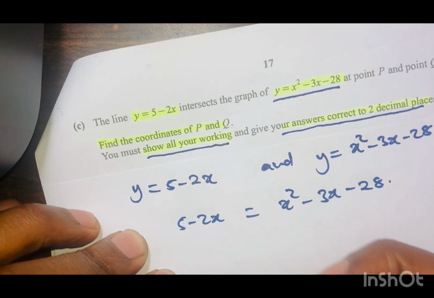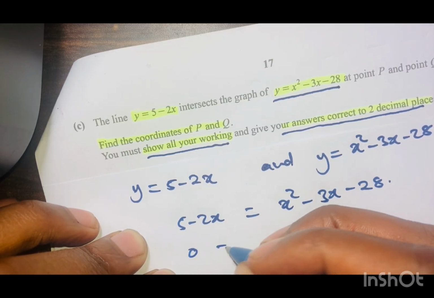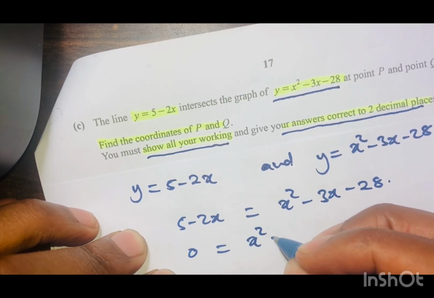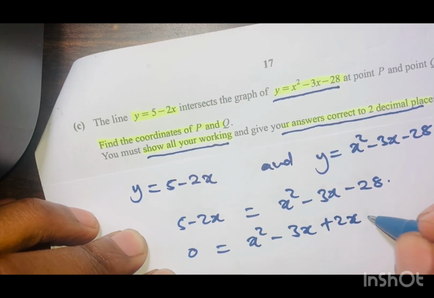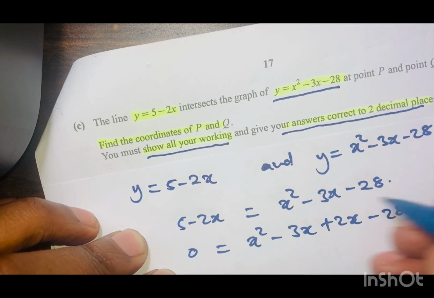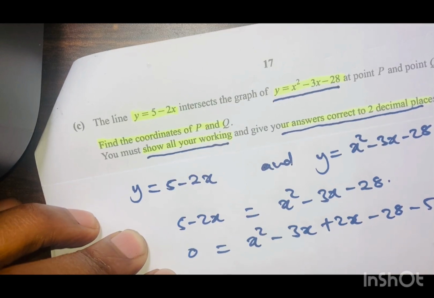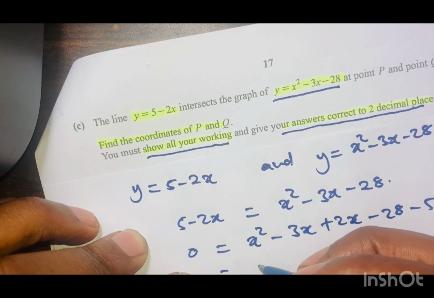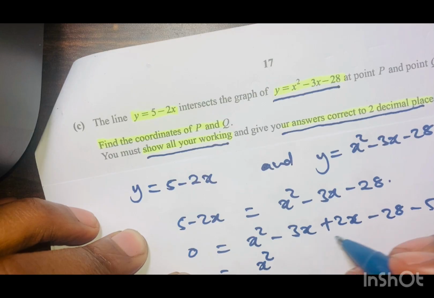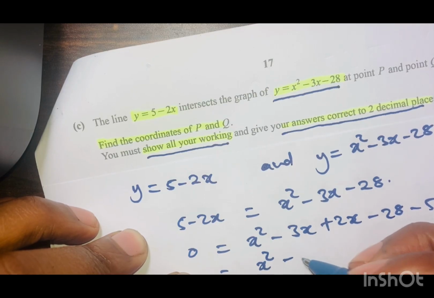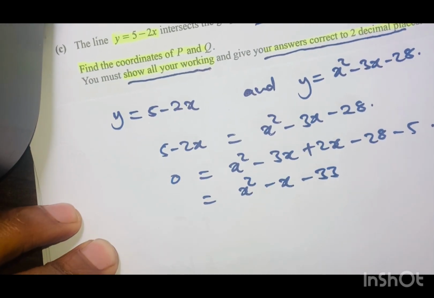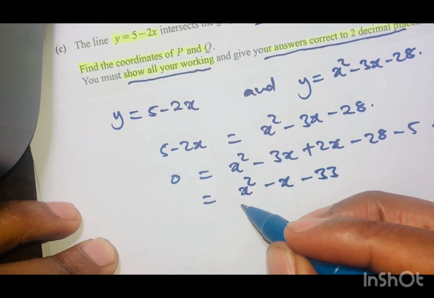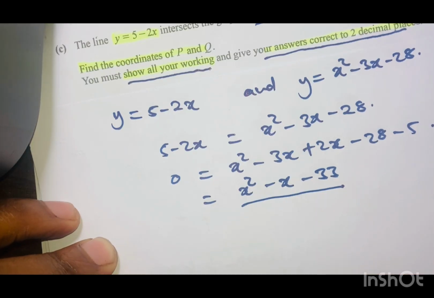So I can take 5 minus 2x the other side to get 0 is equivalent to x squared minus 3x plus 2x minus 28 minus 5. So the outcome is x squared minus x minus 33. So I'm going to use the quadratic formula to solve this equation to get two values of x.